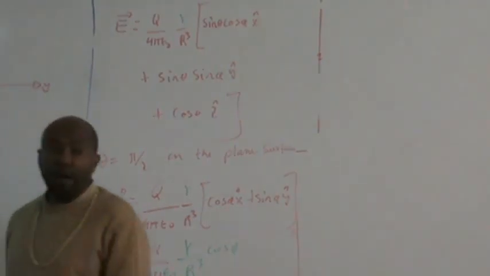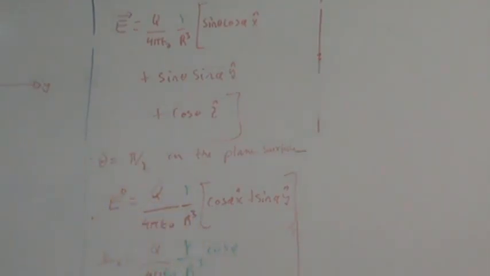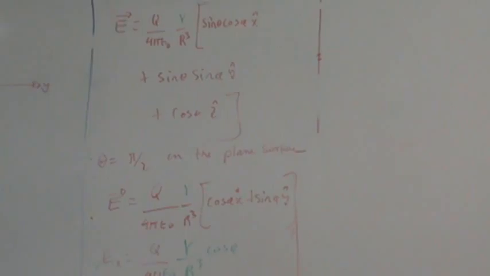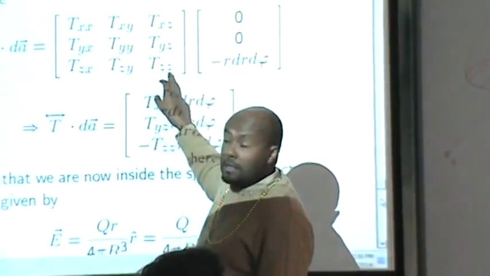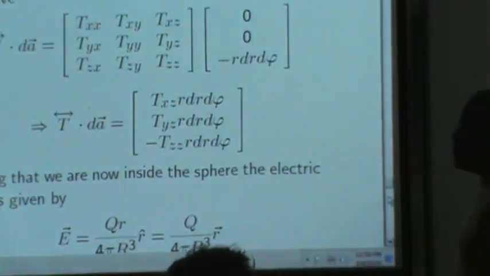So based on this information, what survives when you take the product of these two matrices is going to be Txz with that, Tyz with that, and Tzz with that. All right. So there has to be a minus sign for both.